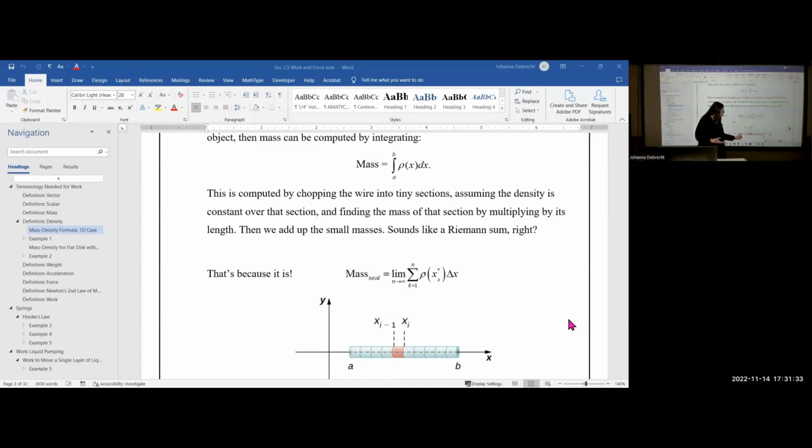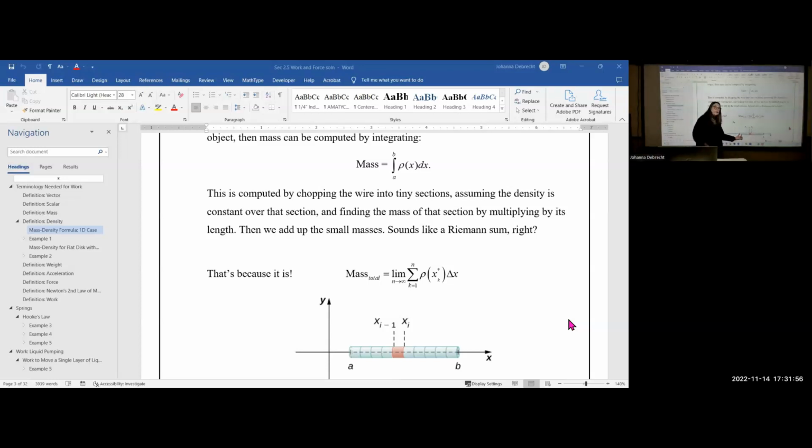And over each little section, if I make them narrow enough, small enough, then I can assume that the density on that tiny, tiny little sliver is constant. Now, of course, it's not really, but if I make it narrow enough, it's a pretty good approximation. And of course, we're going to do what we always do in calculus.